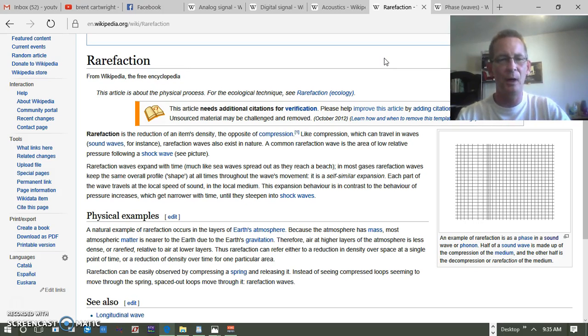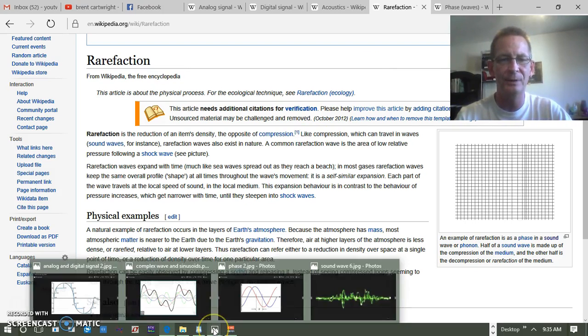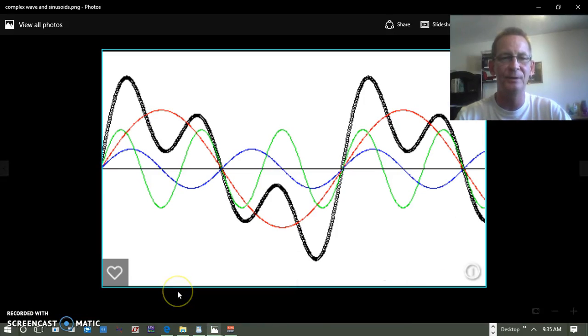When we talk about those things, very simply, the analog signal gets distorted in some way and causes the waveform to not be clean and sinusoidal, so that it looks more like a complex waveform.